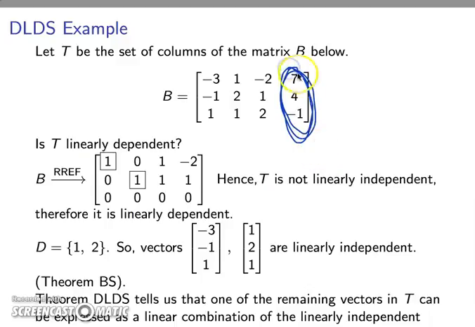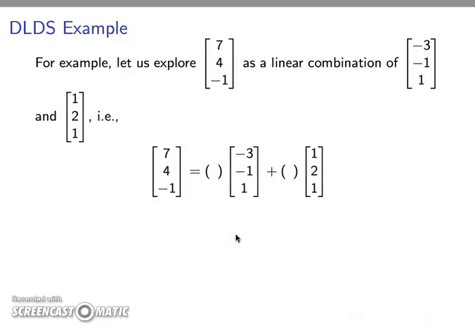Can this vector be expressed as a linear combination of the 2 vectors that the theorem tells us are linearly independent? In other words, can this vector be expressed as a linear combination of the other 2?